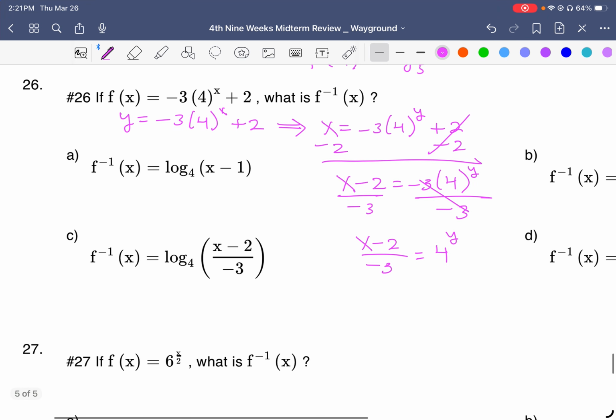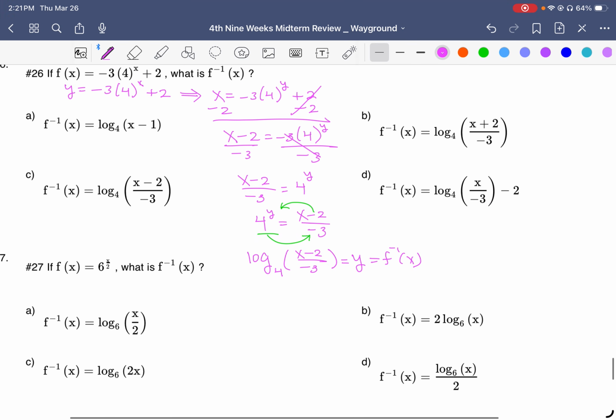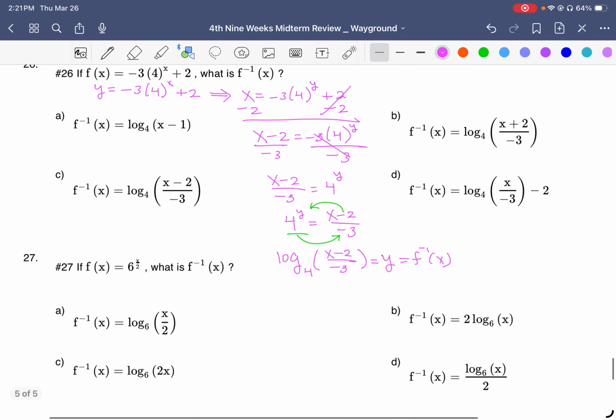Okay, now the exponential is on the right hand side. I'm just going to swap the order, put it on the left so that I can do my loop-de-loop. Now in exponential form, when you rewrite it, you have to start with the word log. So log base 4 of x minus 2 over negative 3 equals y, which is the same thing as the inverse of f of x. Okay, so that would correspond to C, I believe, log base 4 of x minus 2 over negative 3.